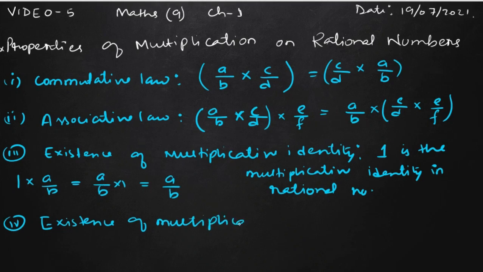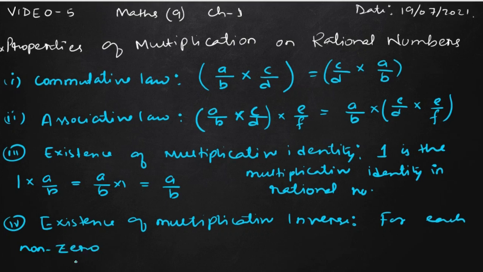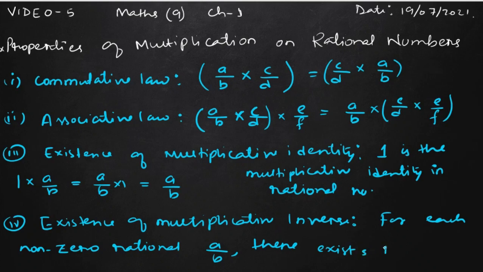For each non-zero rational number, not zero, it may be positive or it may be negative, non-zero rational a by b, for every such rational, there exists a rational number b by a such that if we multiply our previous rational number a by b with this rational number, we will get the identity.